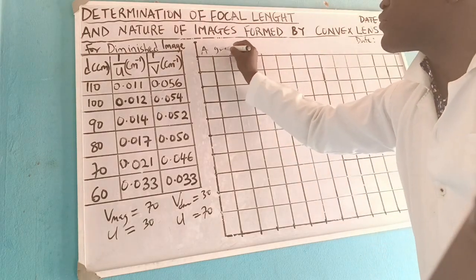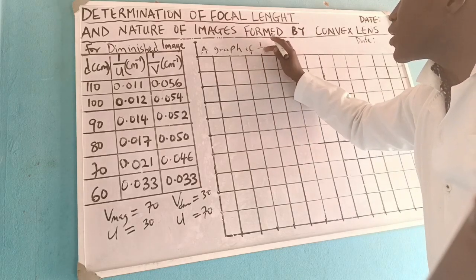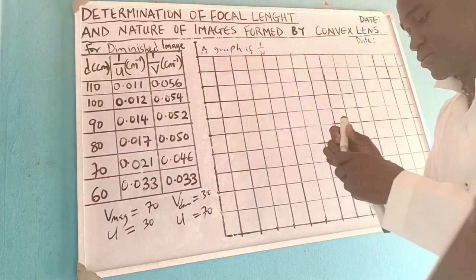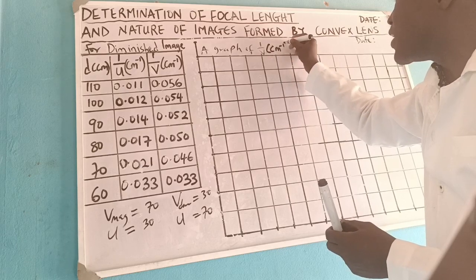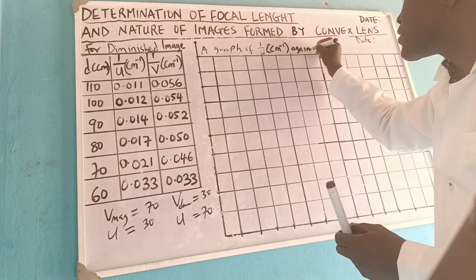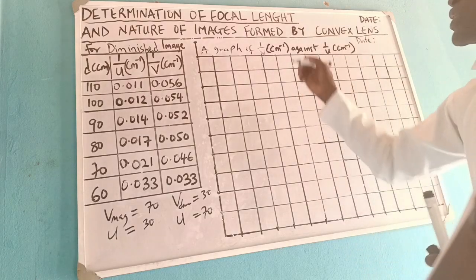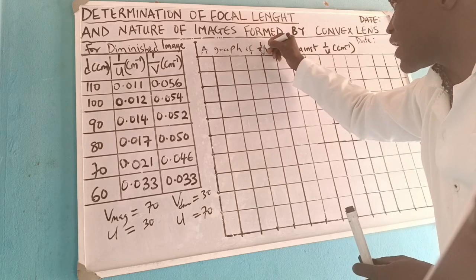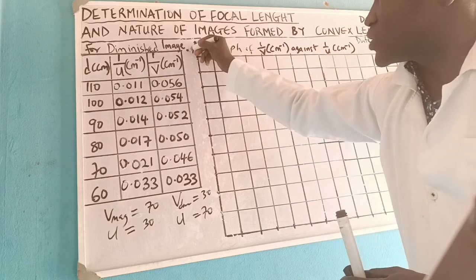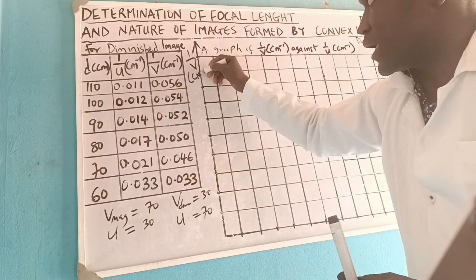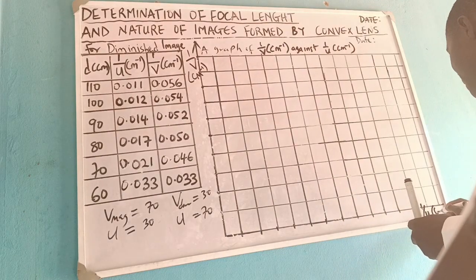A graph of 1 over V in per cm against 1 over U in per cm. That is your title of the graph. It has its own mark. Then label your Cartesian axes. This is 1 over V in per cm, and this is 1 over U in per cm.